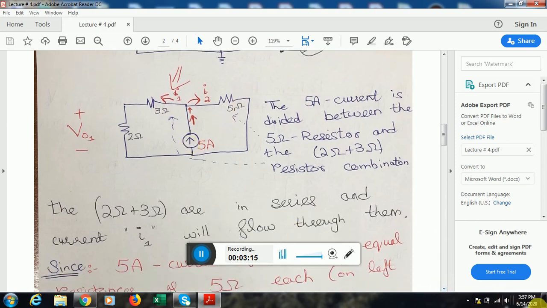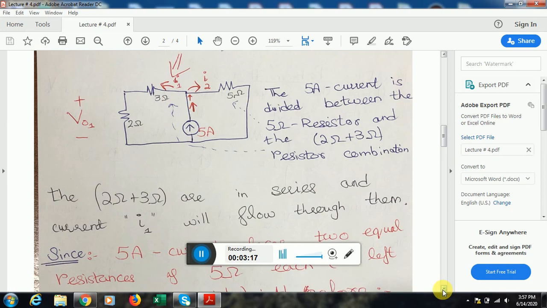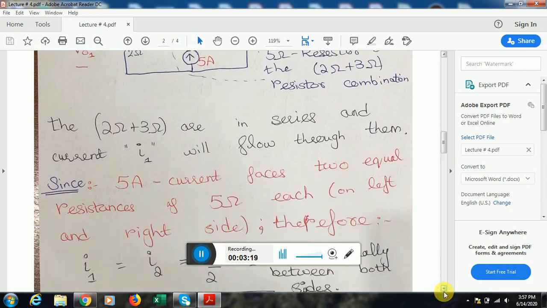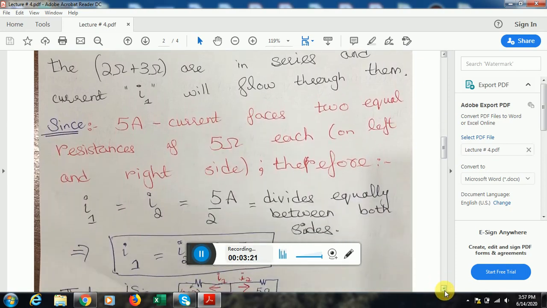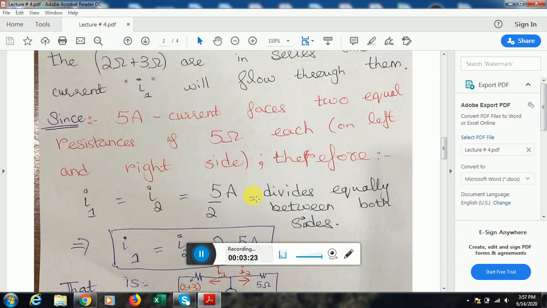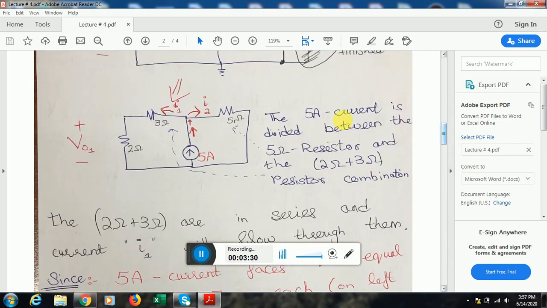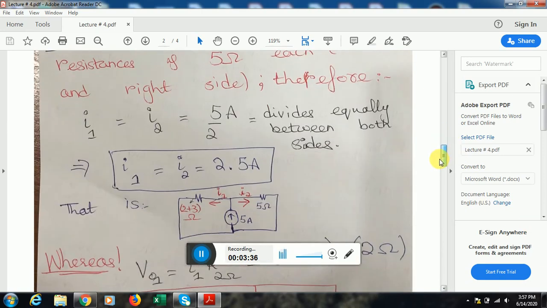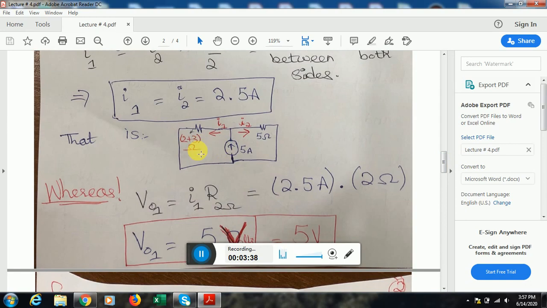I have to find I1, so it will be simply I1 is equal to I2. As I told you, if we have equal resistance on both sides, then 5 ampere divided by 2 is 2.5 ampere. So this side of the circuit is getting 2.5 ampere, and this entire side is also getting 2.5 ampere current. So this is a simplified circuit.